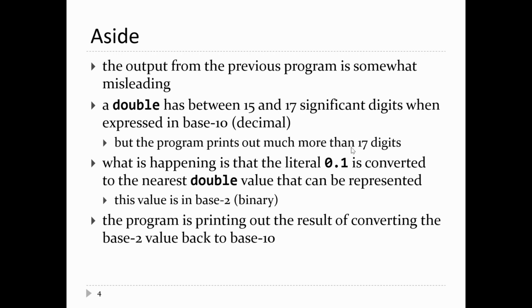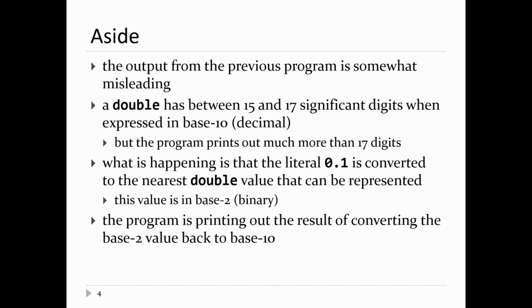You might ask, why did it print out more than 17 digits? The answer is you have to remember your computer isn't working in base 10. It's working in base 2, in binary. So 0.1, which is in base 10, gets converted to the nearest double value that your computer can represent, in base 2.